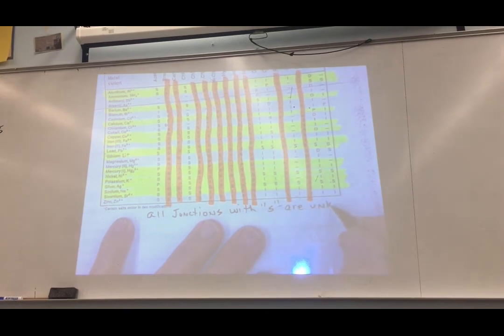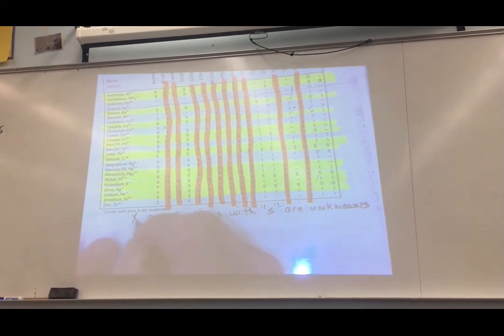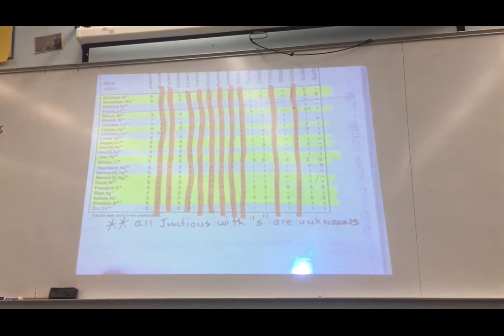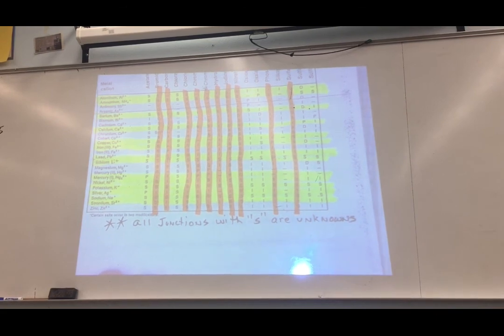That's probably the single most useful thing I could tell you about the lab. All junctions of those.